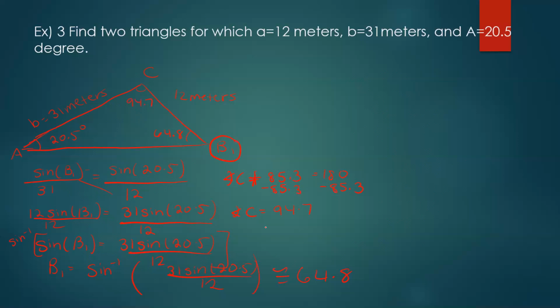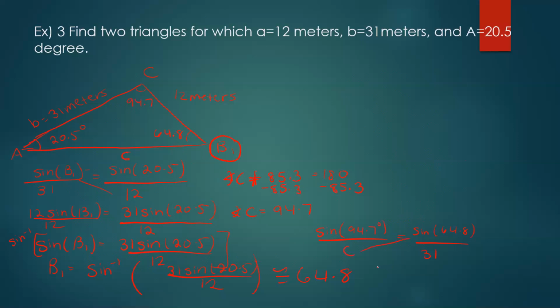So we could do sine of 94.7 over, and then this is small c, so lowercase c equals, and there are several ways you could do this. You could do sine of 64.8, and then this would be 31.